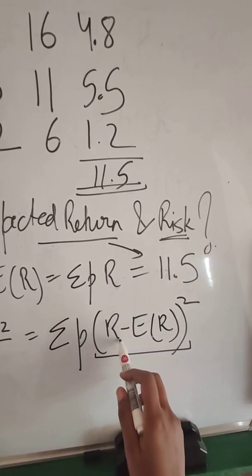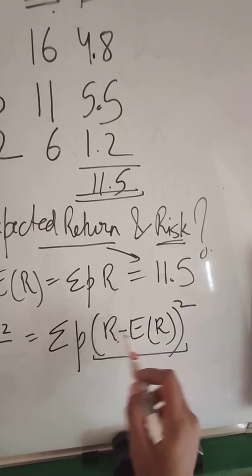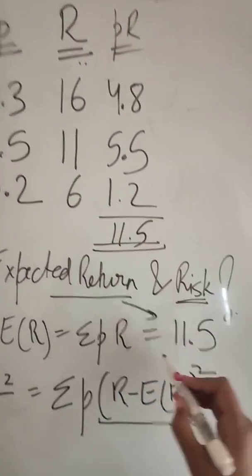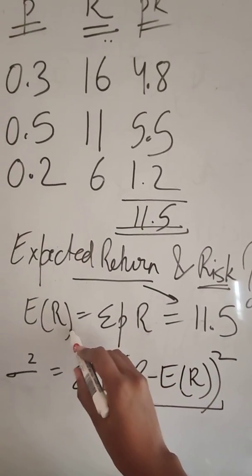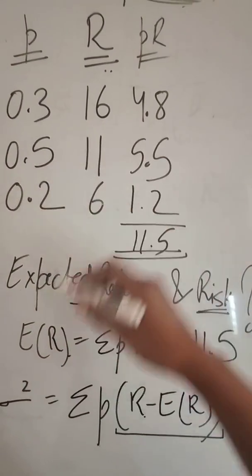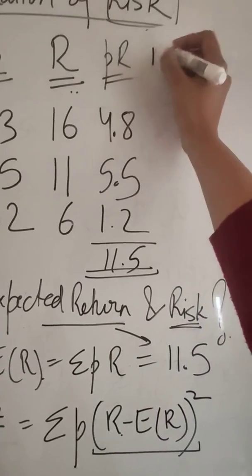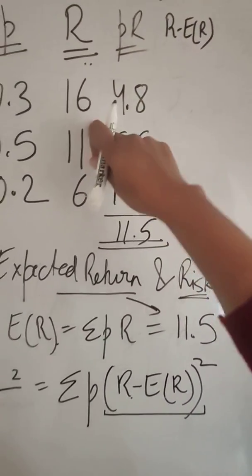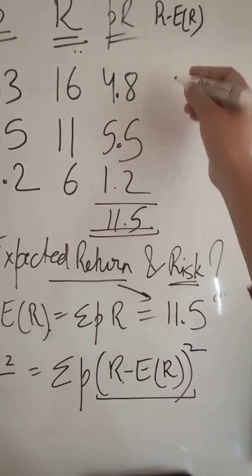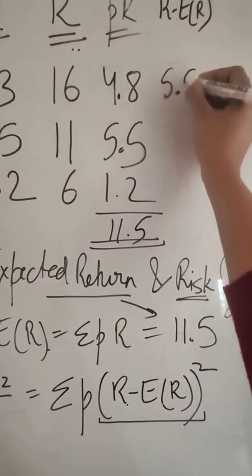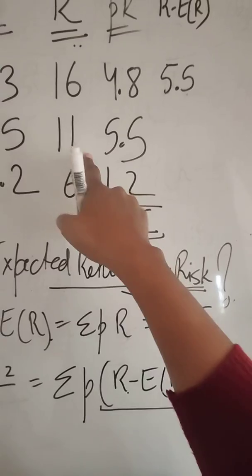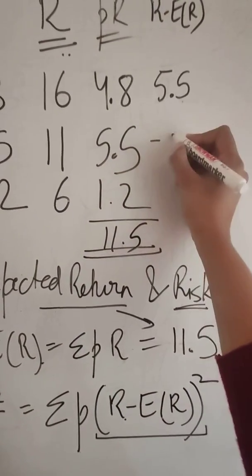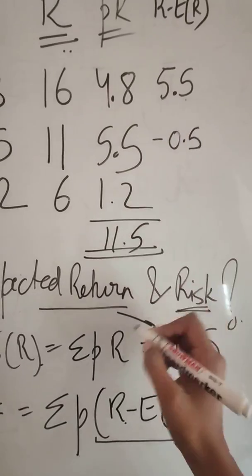So first of all, I'll go to the inner portion, R minus ER. This is our R, this is our ER, and then I will just deduct R minus ER. 16 minus 11.5 is 4.5. 11 minus 11.5 is a minus figure, minus 0.5.